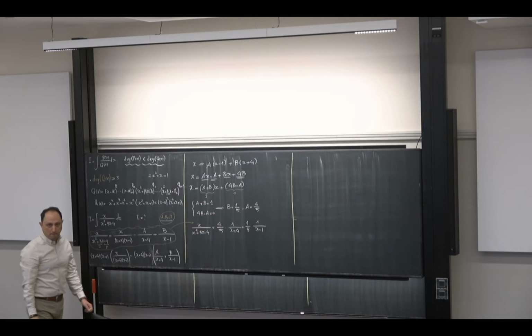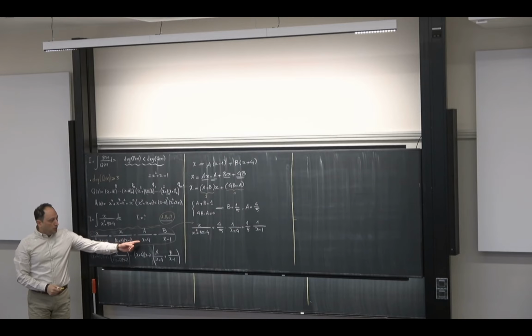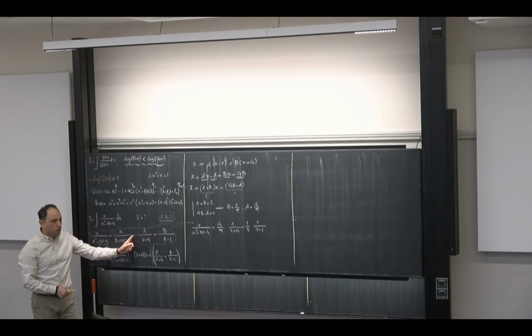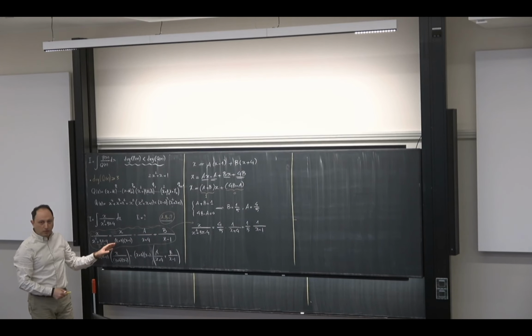Do you agree? So you open it up, write it as partial fractions, and then fine-tune a and b so that this equality indeed works, and then put them back and then integrate.